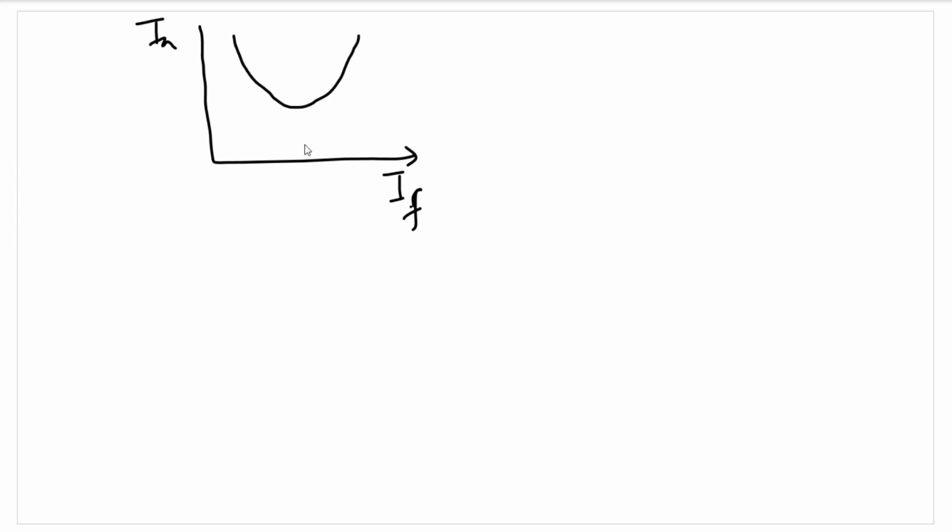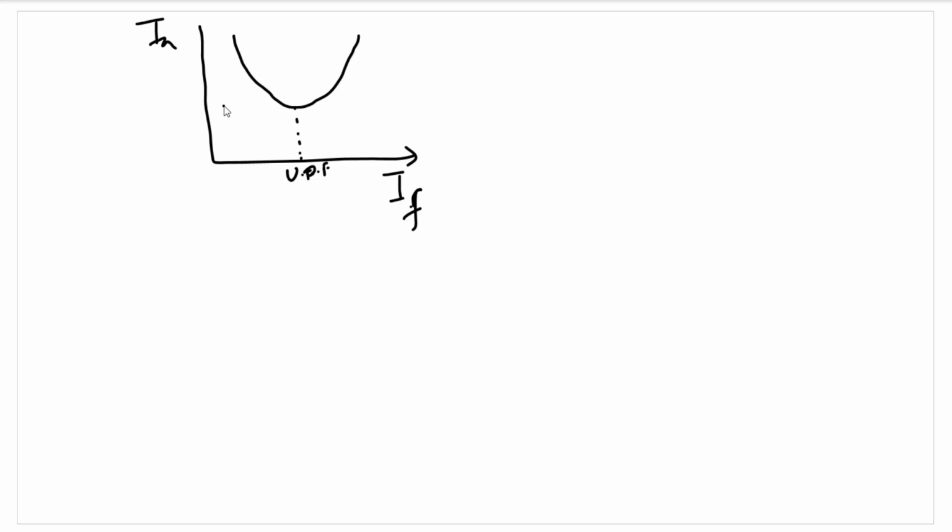So we can show the variation of Ia with respect to If now. This is Ia, this is If. Ia is initially decreasing, then it's increasing. So this is at unity power factor.